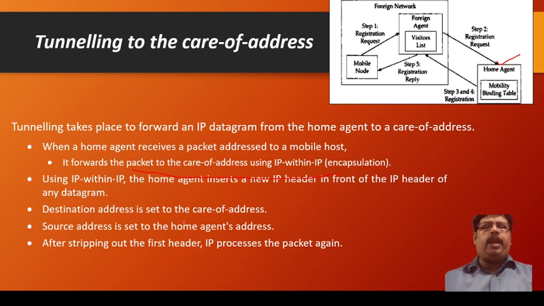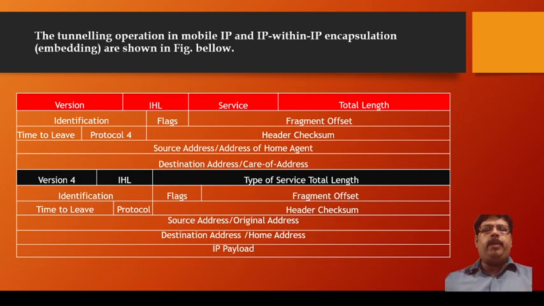The source address will remain the corresponding node address only, but the destination address will be set to the care of address. And the source address now will be changed to the home agent address of that particular packet. After stripping out the first header, the IP processes the packet again. Now we will discuss how it will be done.